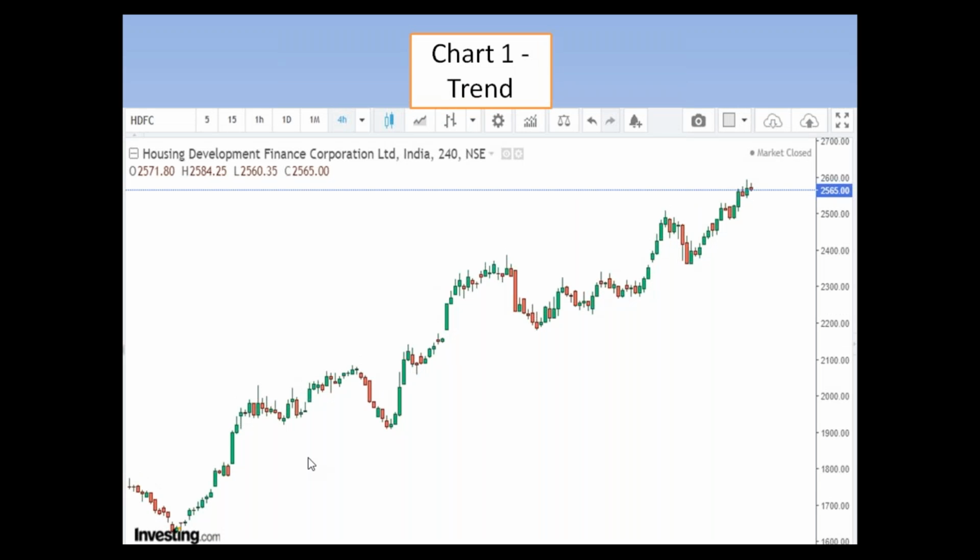So I'm going to share two charts with you. One is HDFC and the second is Adani Ports. These are the two trades which I have taken myself last week. Okay, so let's see how I trade pullbacks. I need your cooperation to understand this chart. Can you tell me what is the trend of this market?